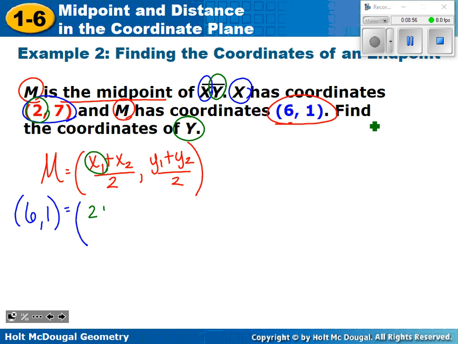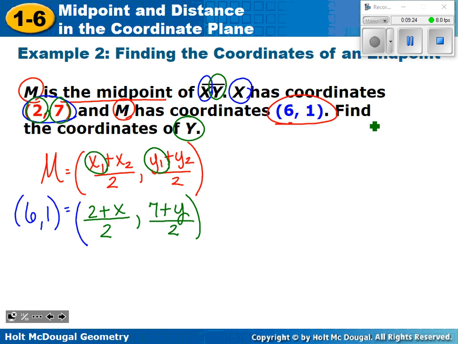So we'll put 2 plus, we don't know the other endpoint x, so I'm just going to leave it x. You can call it x sub 2 if you want, but there's only one x now, so I'm just going to leave it x divided by 2, comma, and then what's going to go in for one of our y's? 7. So we plug 7 plus, we don't know the other y, so we'll leave it y and divide by 2.